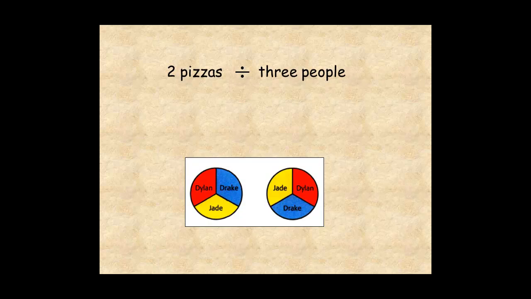So that's 2 divided by 3, which is represented by the fraction 2 over 3. So each of the friends gets 2/3 of a pizza, which you can see in the picture. Each pizza is divided into 3 equal parts, and each person gets 2 of those 3 pieces.